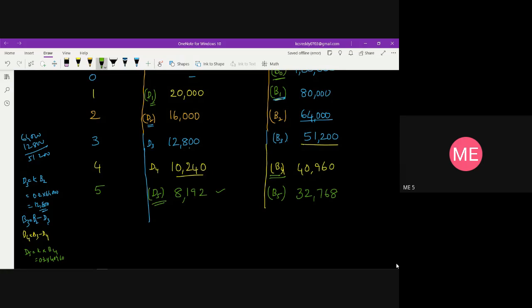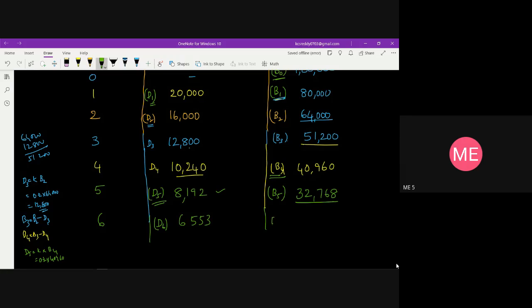So this is how we can find the depreciation for each and every year. For the sixth year, D6 is equal to K into B5, so 32,768 into 0.2, which rounds to 6,553.